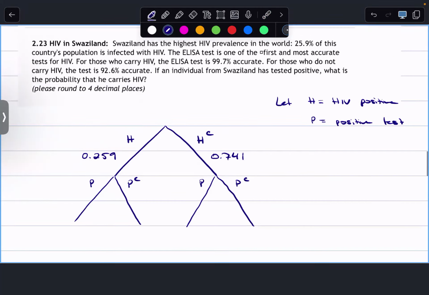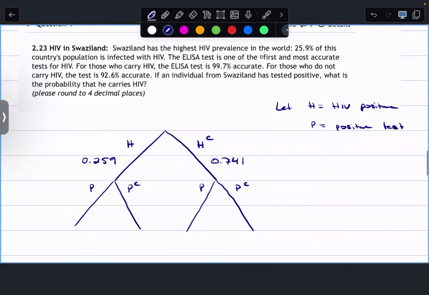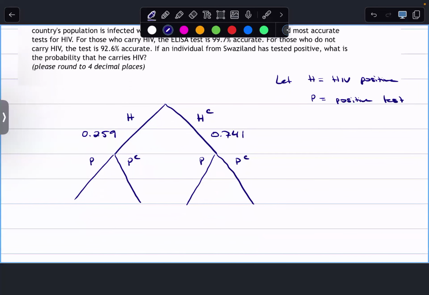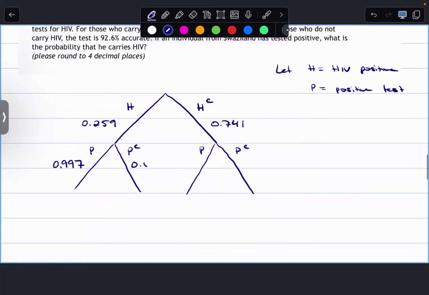Conditional on having HIV, the test is 0.997 accurate, which means 0.003 inaccurate.